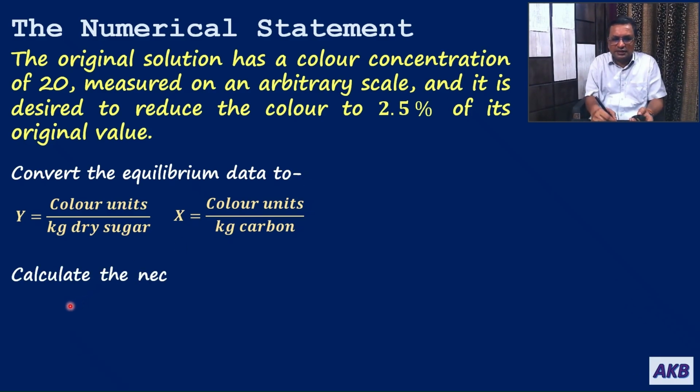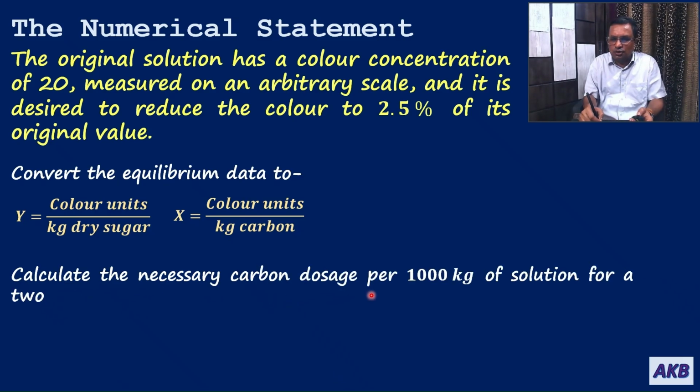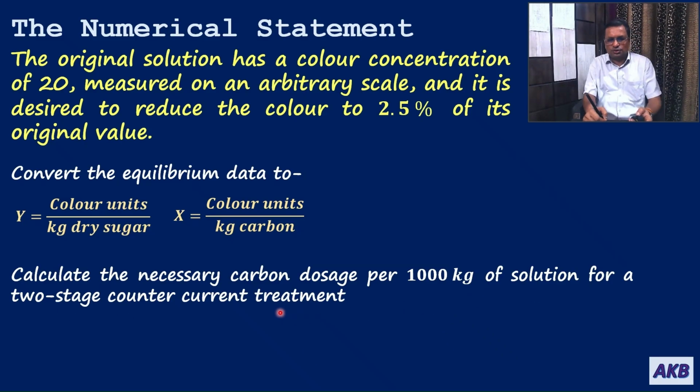The second task in this case is we are supposed to calculate the necessary carbon dosage per 1000 kg of solution for a two-stage counter current treatment. So the second task that we have to complete is we are supposed to find out the quantity of adsorbent that will be needed per 1000 kg of solution in a two-stage counter current adsorption operation.